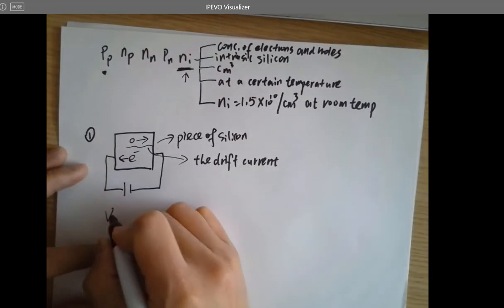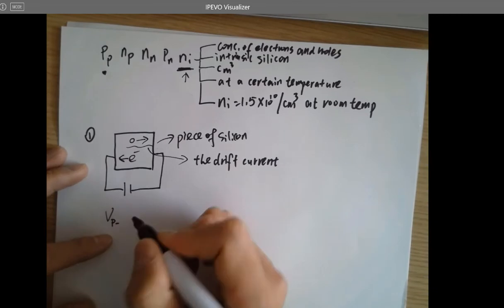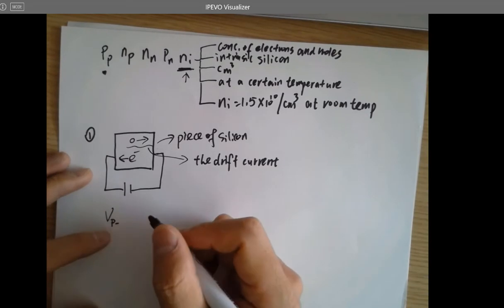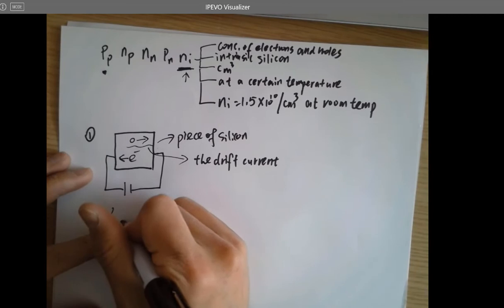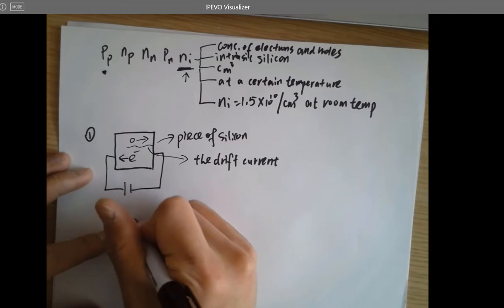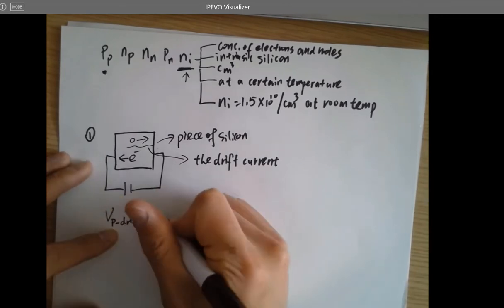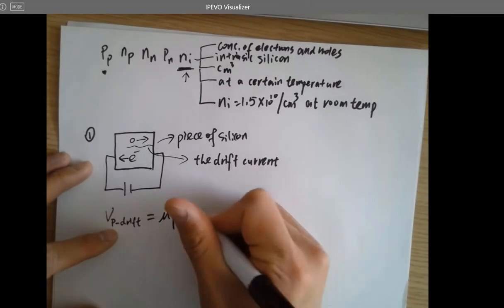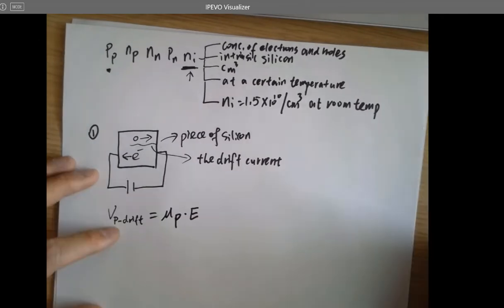So V P drift, the speed of the holes, equals the mobility of the holes times the electric field intensity.